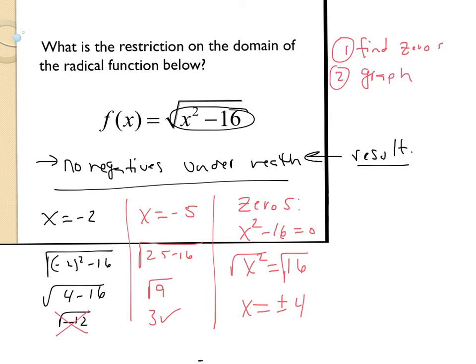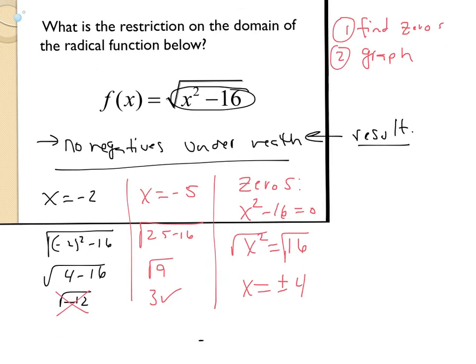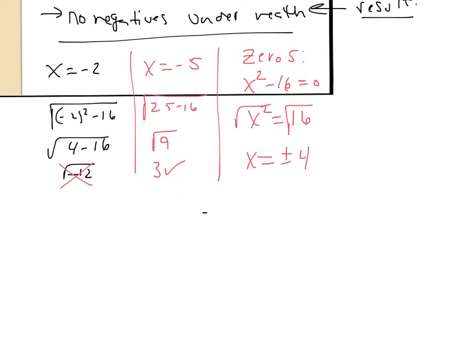Now, we can do this without a calculator, and the idea is we want to think about what's on the inside. So using your graphing calculator, what I'd like for you to do is just graph the function x squared minus 16.